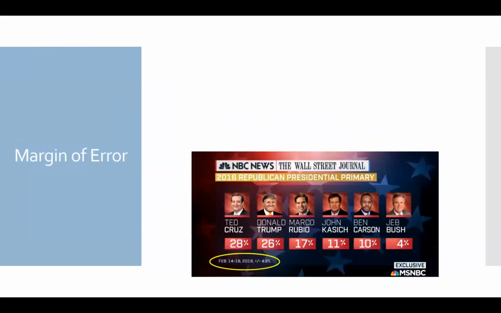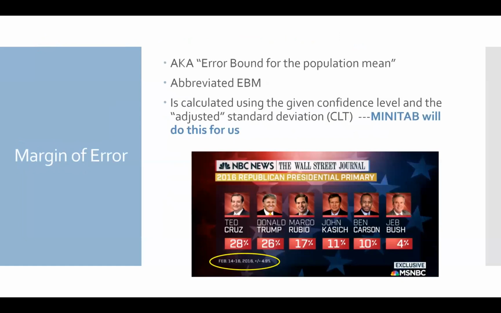You probably have also seen this anytime you see a news report, sometimes when there's a survey. This particular graphic here is from the survey of the 2016 Republican presidential primary. They had done a survey about what percentage of the population were going to vote for a particular candidate. But then down here at the bottom, circled in yellow, you see this thing that says plus or minus 4.9%. Well, guys, that plus or minus 4.9% is the margin of error.